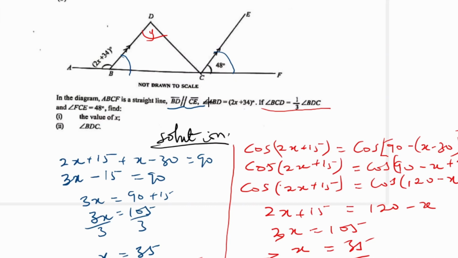So if this is y, then here will be 1/3 of y, and we know here to be 48. So that means that 48 plus y plus 1/3 of y should give us 180 degrees, which is the sum of angles in a triangle. So that is what we are going to represent. Then we simplify to get the value of y.